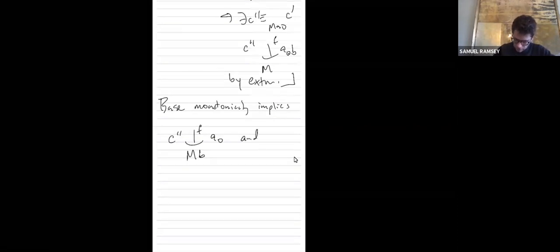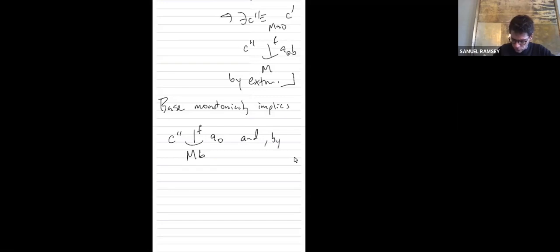And by symmetry, B is independent with A0 over M. One of our hypotheses was that A0 is independent with B, so of course I can switch the order.